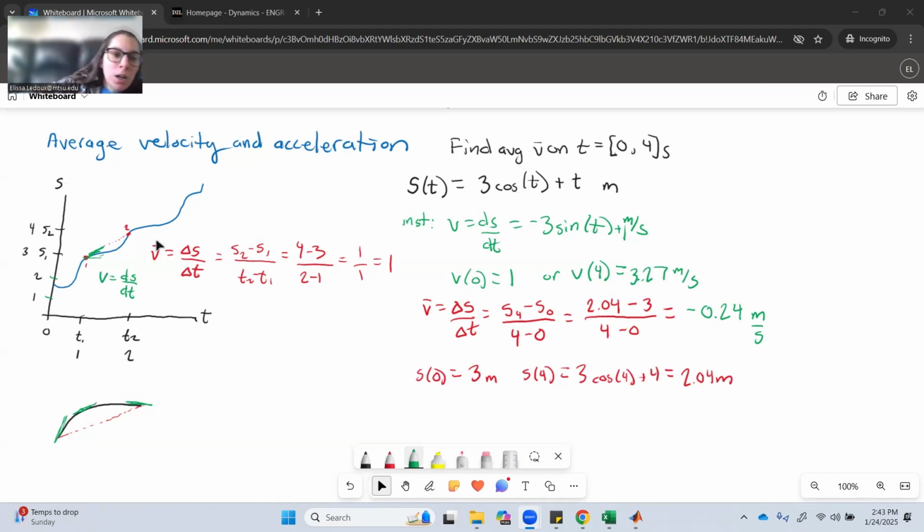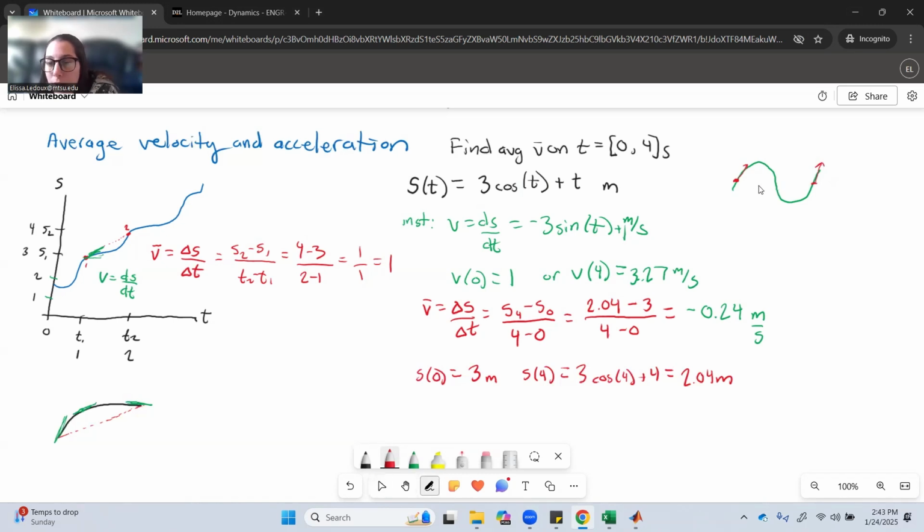So looking at the way that a sinusoid works, it goes up, it goes down, it goes up again. So if you were to look at the instantaneous velocity, say right here, that would be positive because the function is increasing. And then right here, that would be positive because the function is increasing.